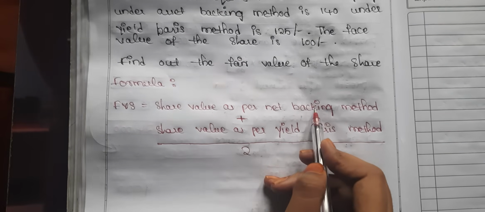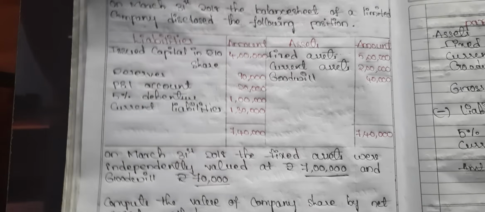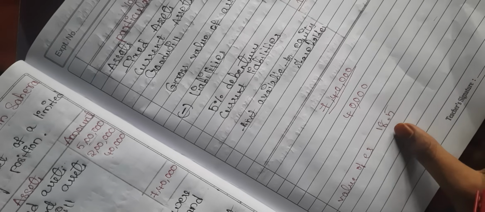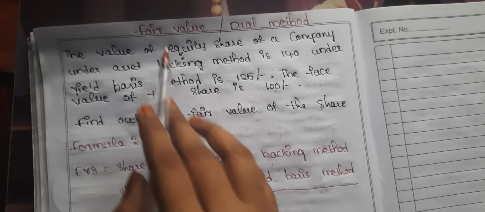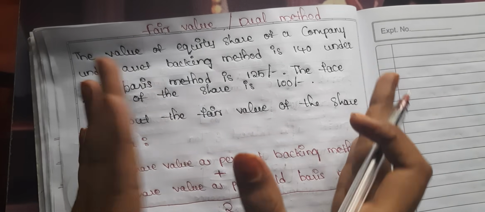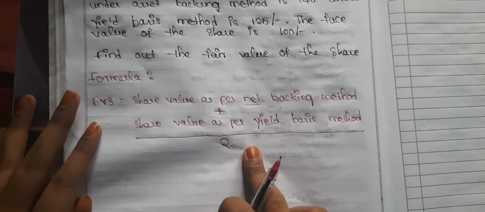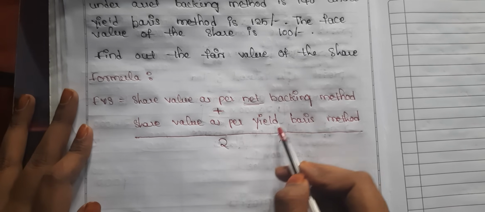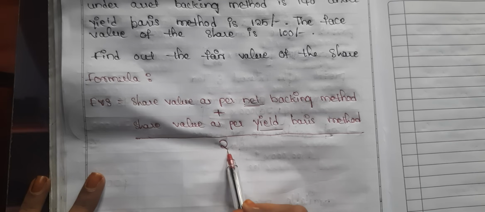How you need to do share value as per net backing method, which is nothing but the amount we got in net value, this amount plus this yield amount divided by 2. If you do, you will be getting fair value. Damn easy. If you are okay with this yield and net, definitely you will be doing this. It is nothing but take the net amount, take the amount we got on yield basis, and you need to divide it by 2.